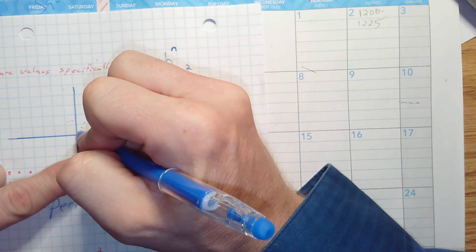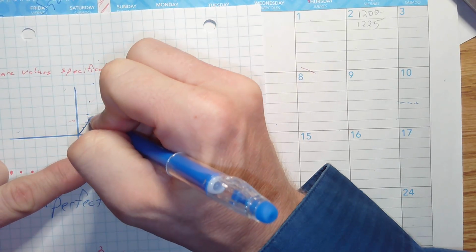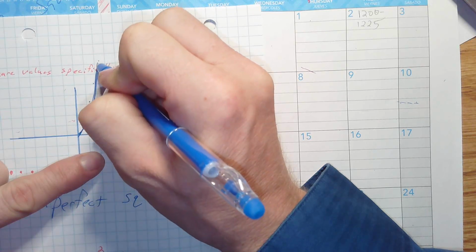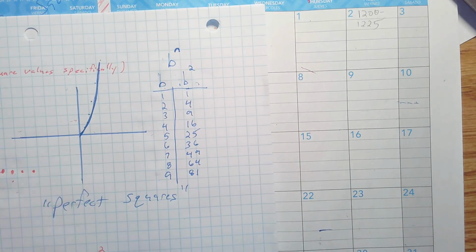So it looks kind of like a curve like this.